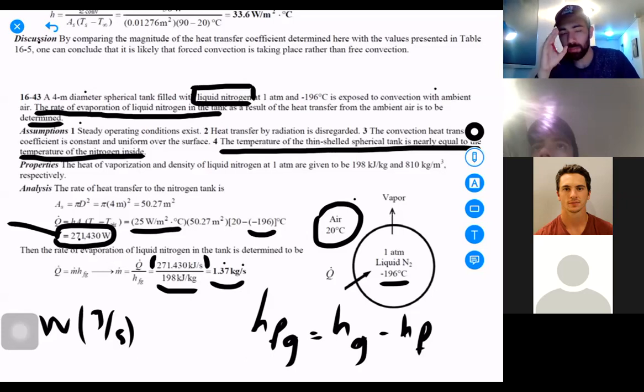So mass rate times h of evaporation equals the heat rate that is calculated from the convection term.